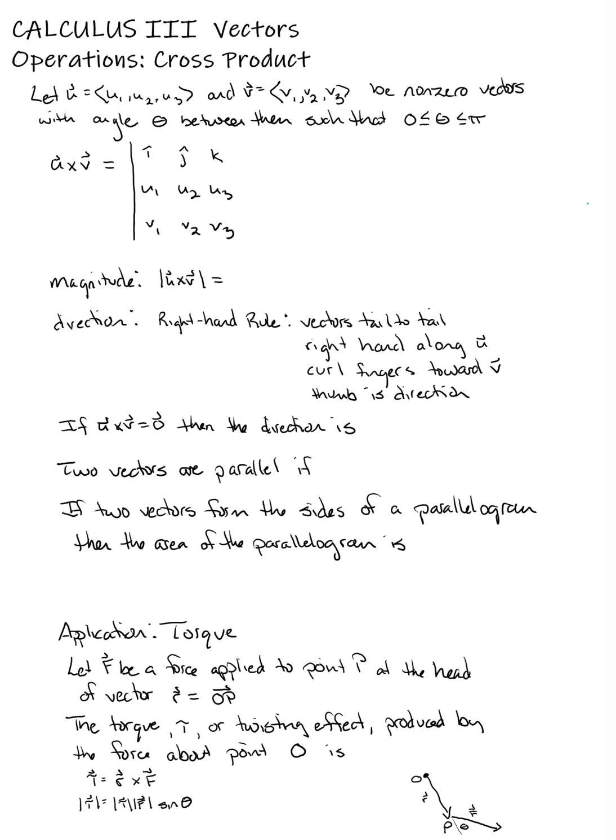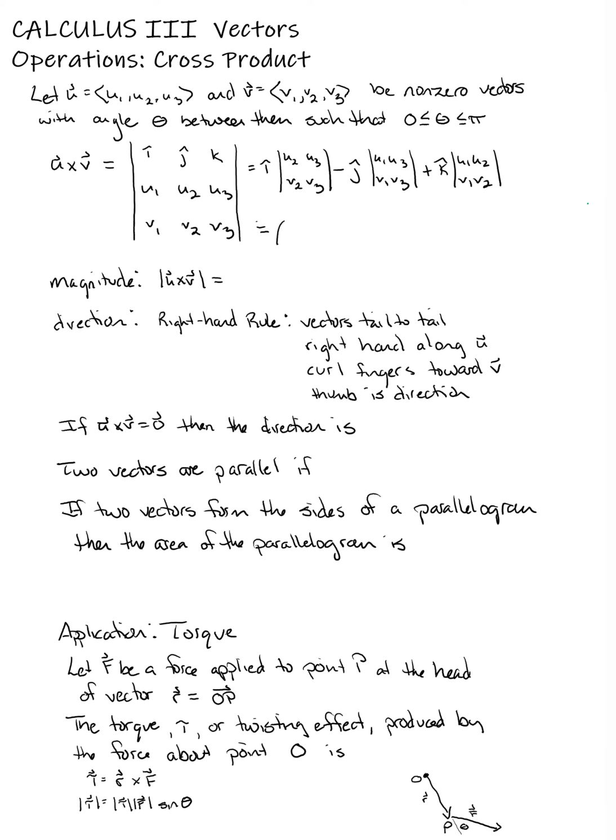Now make sure you remember what that looks like, how we determine this. This would be i times the determinant of u2, u3, v2, v3, minus j times the determinant of u1, u3, v1, v3, plus k times the determinant of u1, u2, v1, v2, which of course we can take one step further.